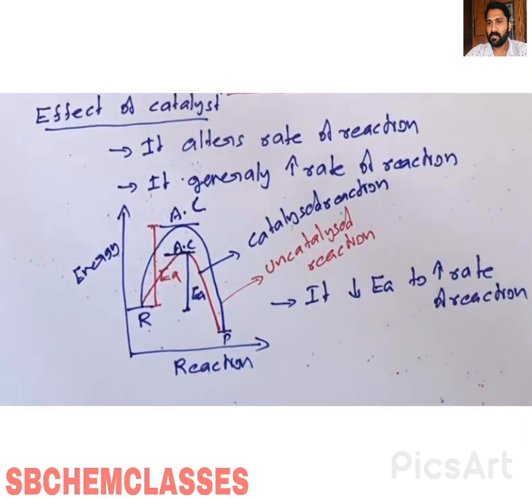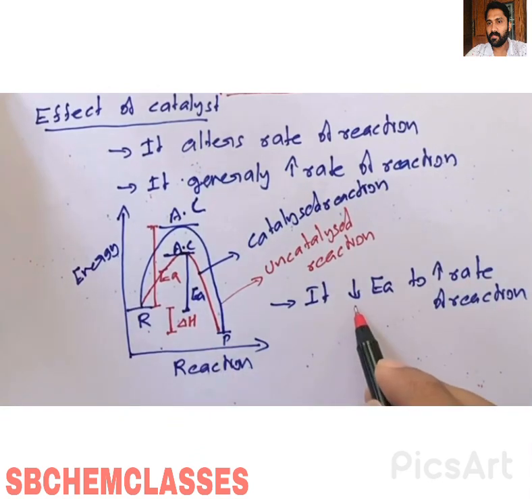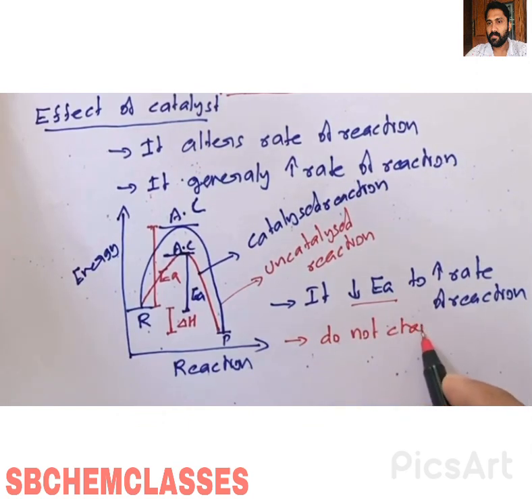In catalyzed reaction and uncatalyzed reaction, delta H still remains same. That means catalyst cannot change enthalpy of reaction. So catalyst changes activation energy, but it do not change delta H of the reaction.